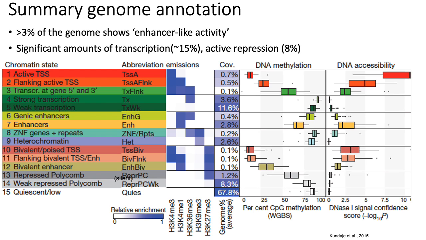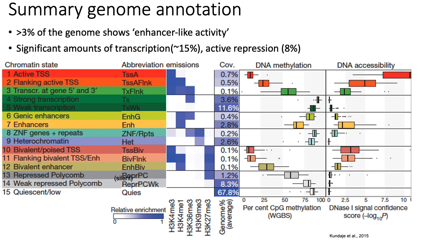And you can see that here, in that the active transcription start sites, for example, have very low levels of DNA methylation, but high levels of DNA accessibility. On the other hand, the repressed polycomb-associated regions are associated with higher levels of DNA methylation, as well as the quiescent or low activity regions of the genome.